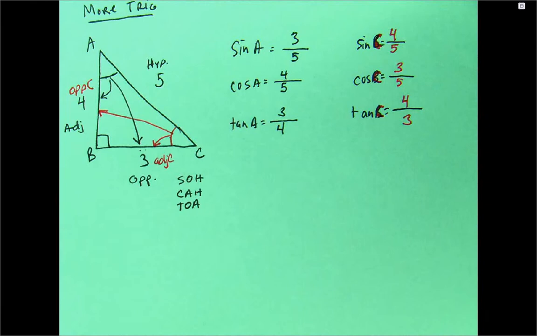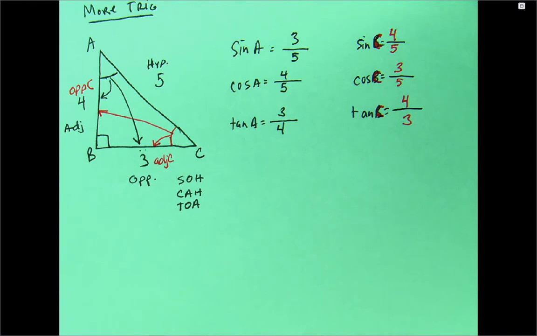Now, take a look at these values. What can you tell me? Do you see any patterns or anything like that? Anything special?